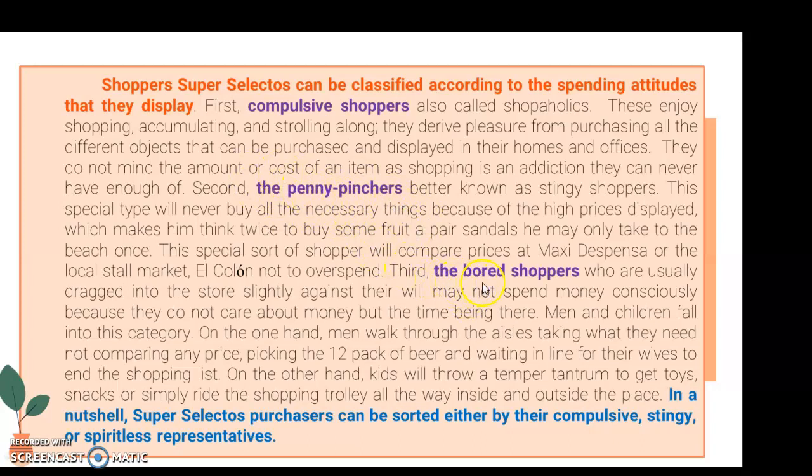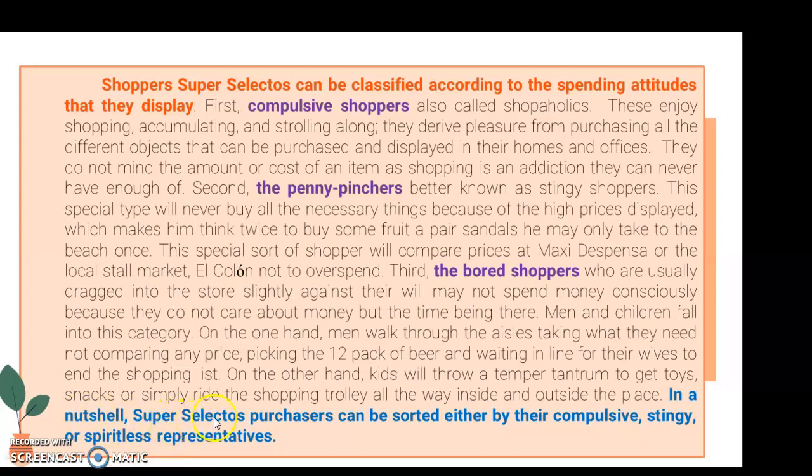Finally, I talked about the bored shoppers, and I explained what their attitude is. Within every major supporting point here, you will see that I have exemplified, I have illustrated, I have used different words and sentences that explain this. But these three items that you find here are the ones that I have classified. And finally, in a nutshell, I'm providing the beginning of my concluding sentence.